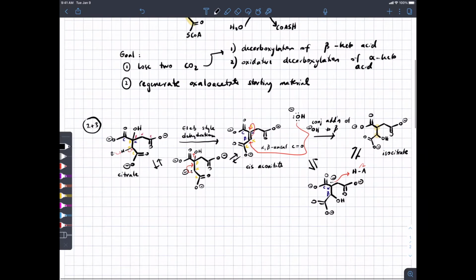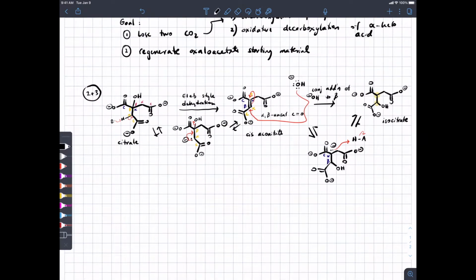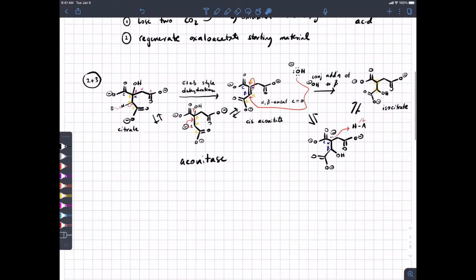The enzyme that catalyzes this reaction is called aconitase, because of this intermediate aconitate, which can either go back to citrate or on to isocitrate. The reaction is reversible. It's an equilibrium reaction. You can go backwards and forwards depending on relative concentrations of stuff.